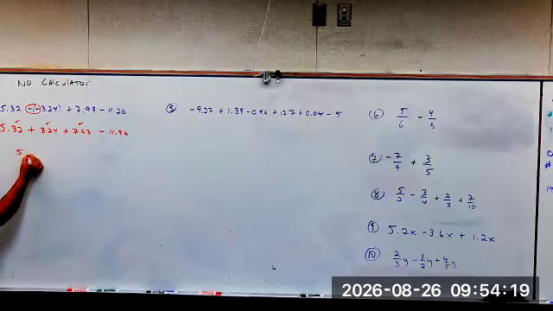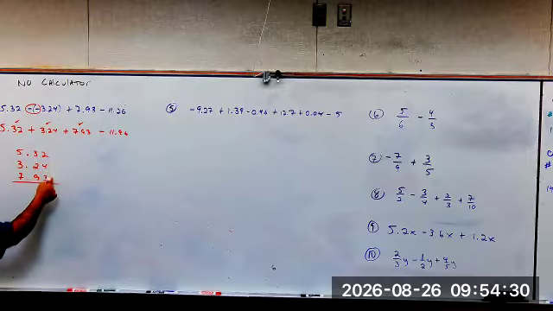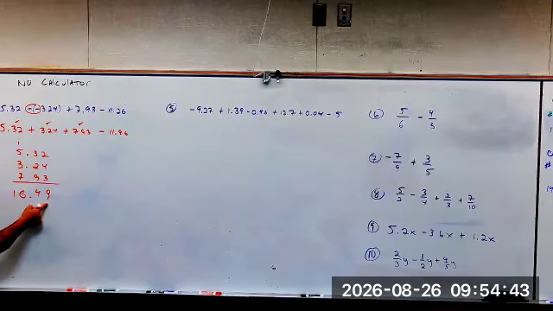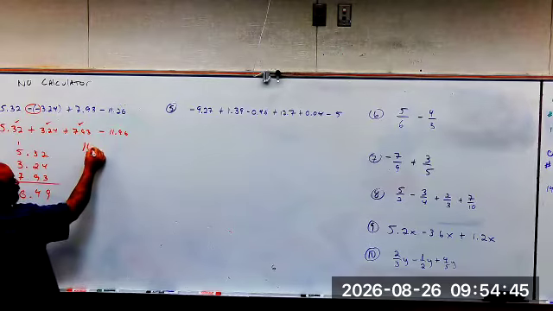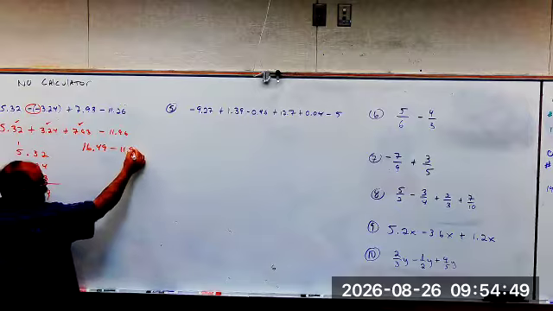Just make sure your decimals and your place values line up. 5.32, 3.24, 7.93. 2 plus 4 is 6, 2 plus 3 is 9, 3 plus 8 is 5, 5 plus 9 is 14, carry 1, 6 plus 3 is 9, plus 7 is 16, you're going to carry 1, 16.49. So now we have 16.49 minus 11.96.